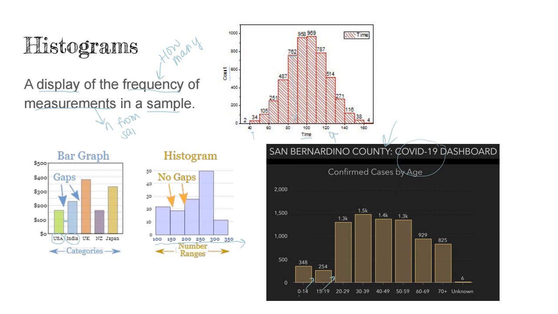What this is telling me is that 348 0 to 14-year-olds have been diagnosed with COVID, and then 254 for 15 through 19. But this gap is kind of telling us that they did not count like 15 and a half-year-olds. They went up to 14 and then they jumped over to 15. And that is why there shouldn't be spaces between your bars in your histograms.